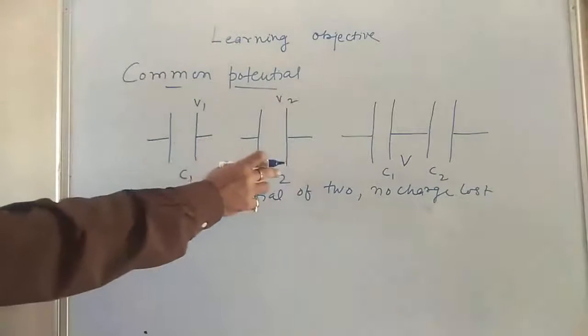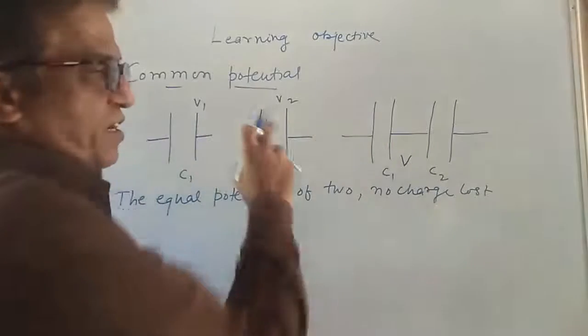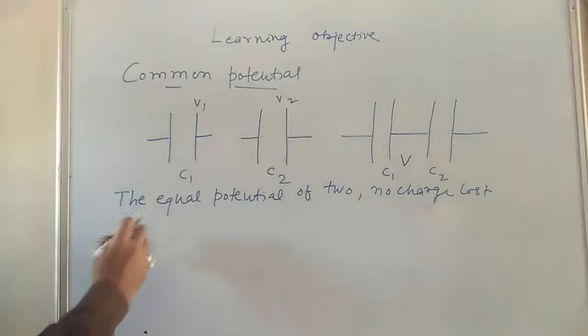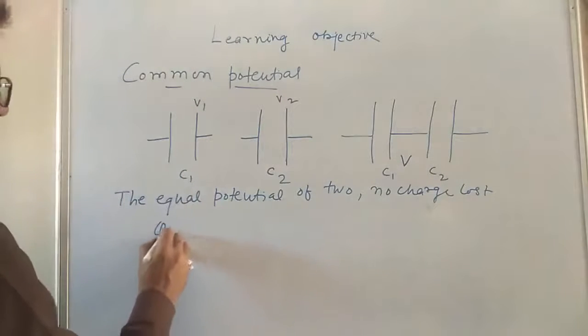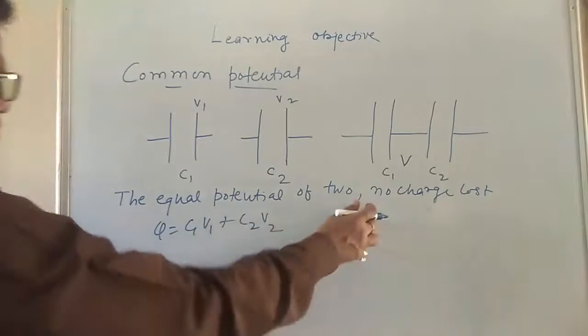Suppose C1 and C2 are the capacitances of the two capacitors having the potentials V1 and V2 respectively. Total charge before sharing is C1V1 plus C2V2.